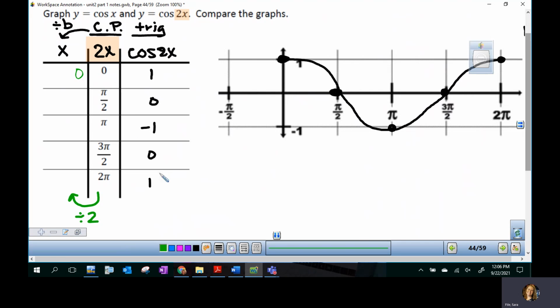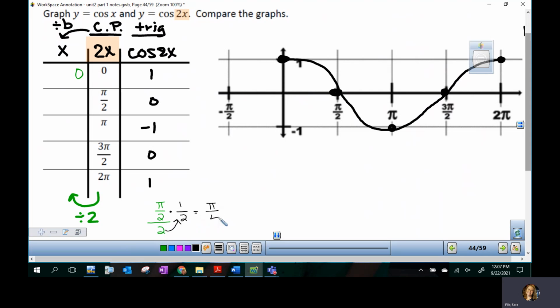If I have pi halves and I'm dividing by 2, when you have fractions in fractions, remember you take the denominator and you flip and multiply. So instead of dividing by 2, I'm going to multiply by 1/2. 2 flipped is 1/2. You multiply by the reciprocal.